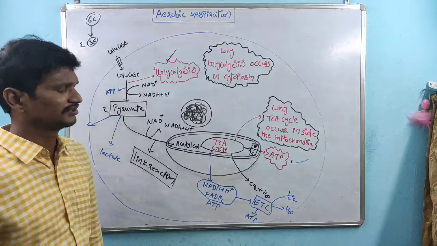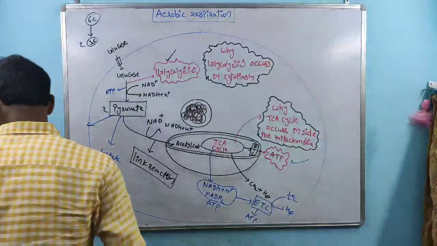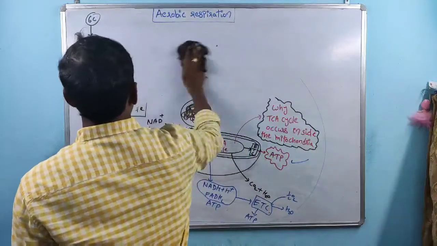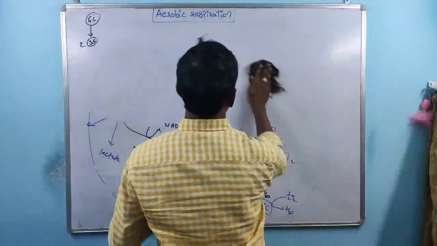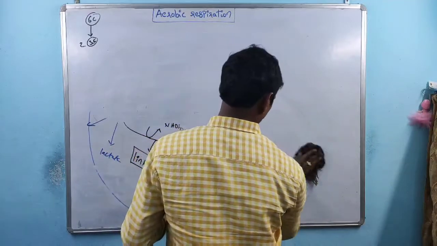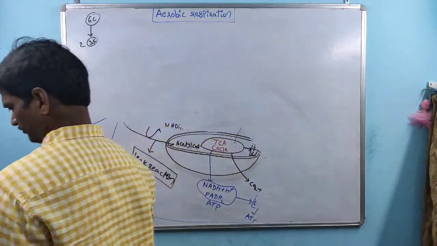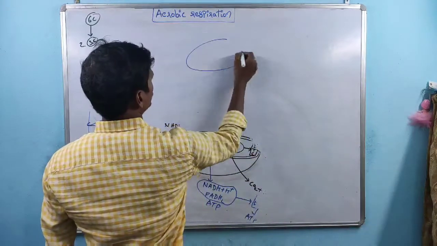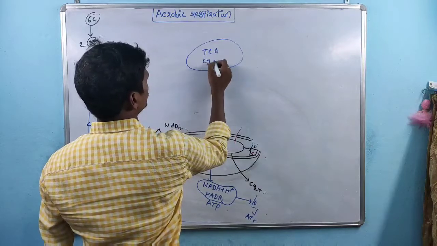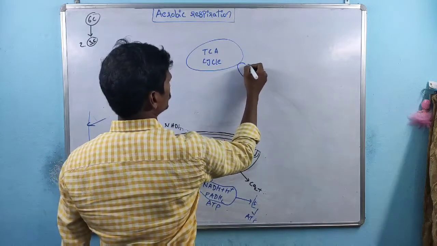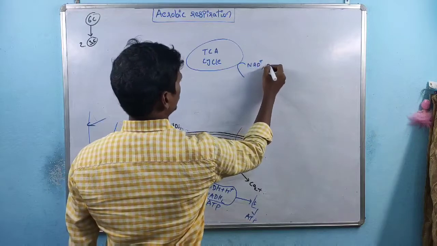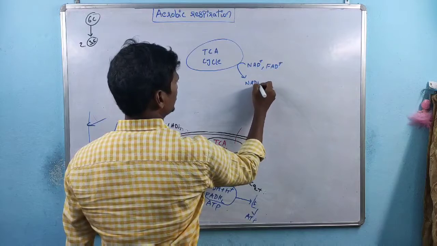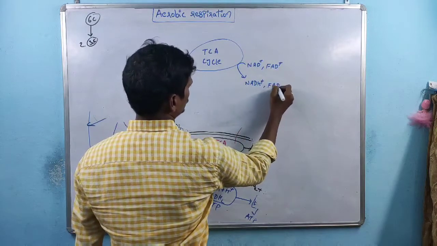I'll explain. Here is the TCA cycle. Within the TCA cycle, low energy compounds NAD plus and FAD plus are initially converted into high energy NADH plus H plus and FADH2.